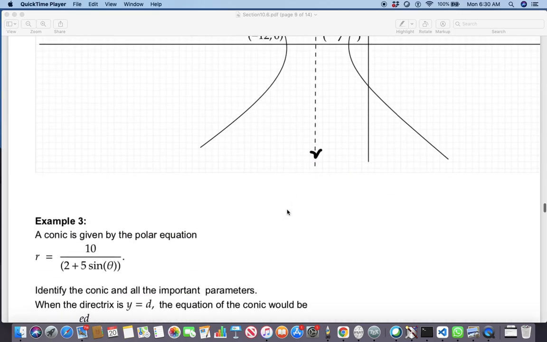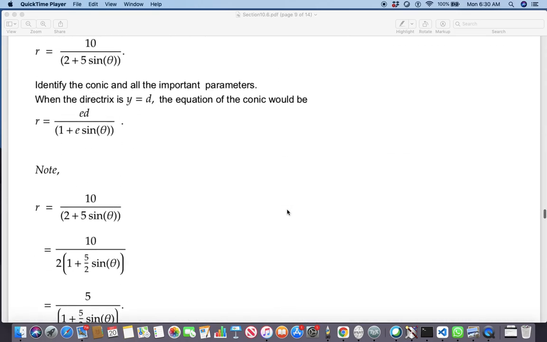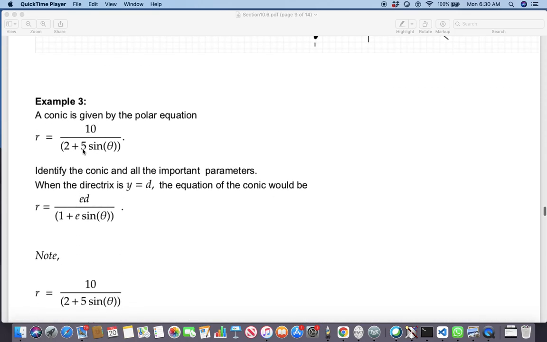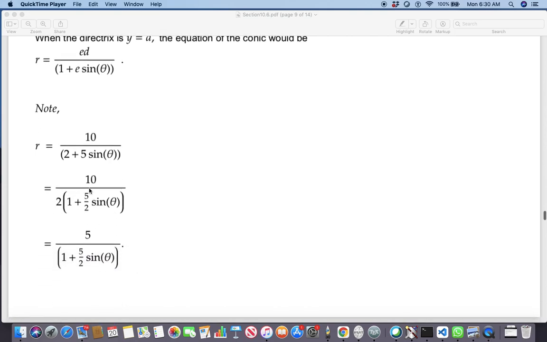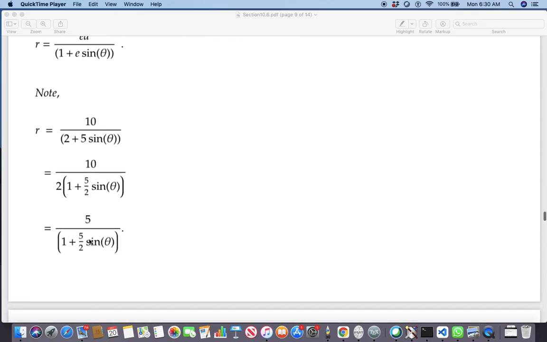All right, so let's see how this looks. Get 2 common out. That gets you the 1. 2 divides the 10. That gets you the 5.